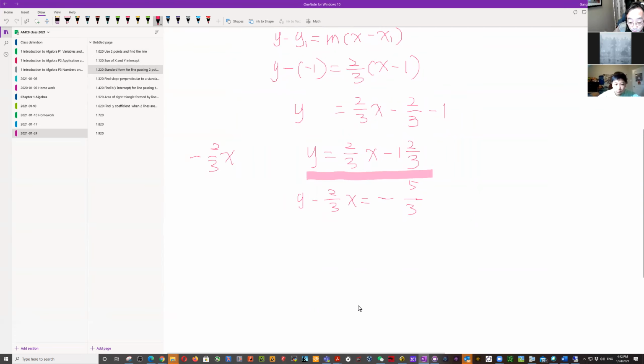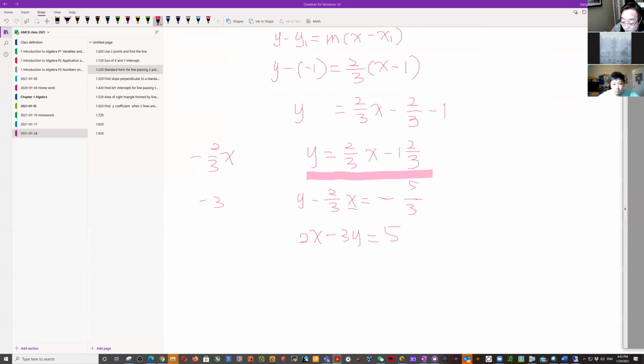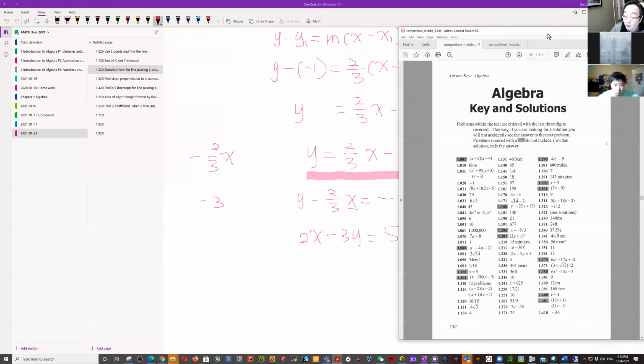And usually they prefer x to be positive, so I'm going to multiply by -3 on both sides. After I multiply by -3, I get 2x minus 3y equal to 5.